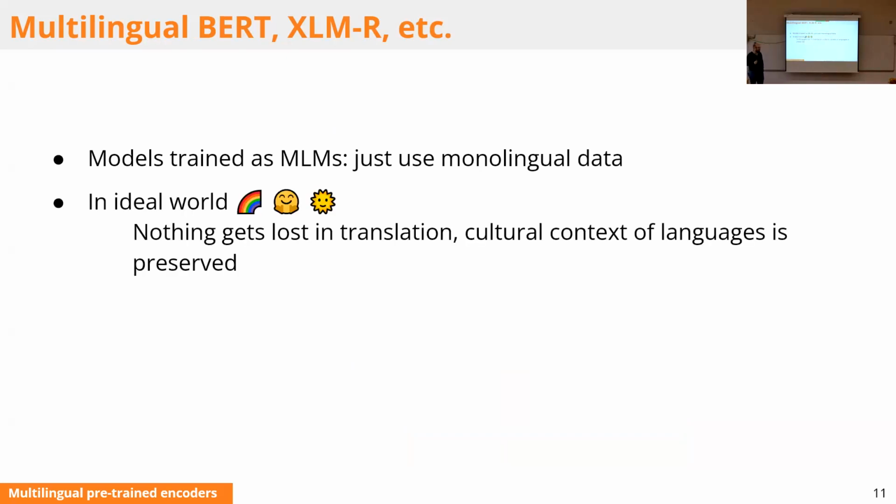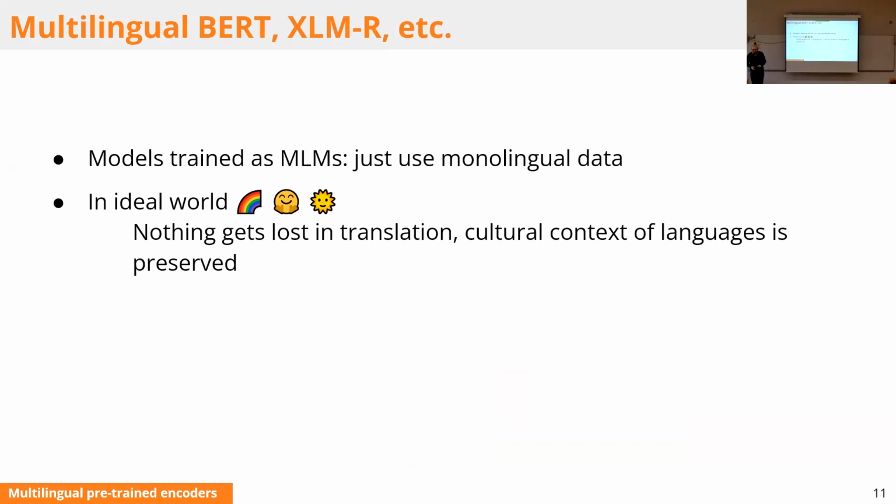and the great advantage of doing so is that we just concatenate the data in all languages that we have, pretend it's all the same kind of data, and run the training.